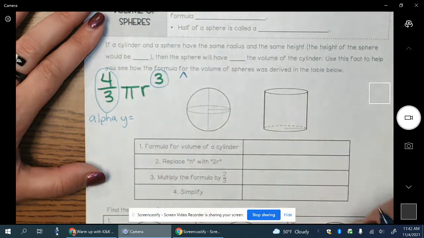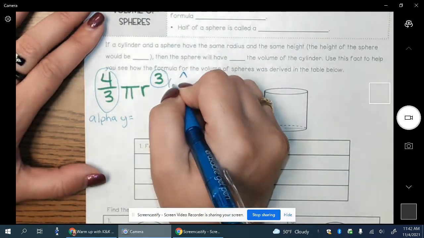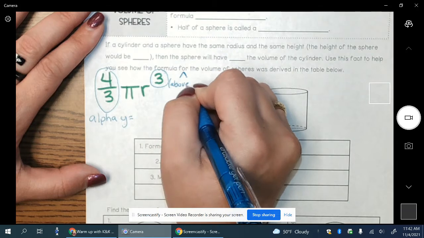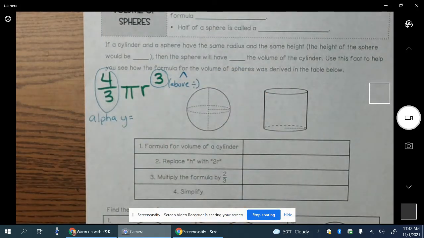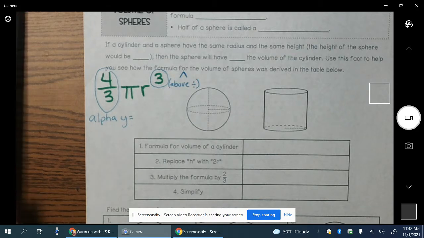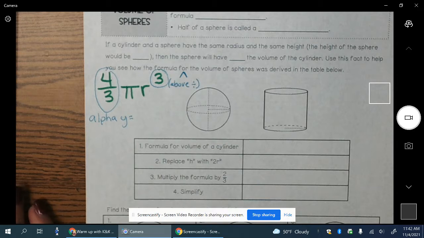So this is called the caret button. It's above the divide sign. So does everybody see that? That's how you raise it to the third power. You can also do the square button and then the arrow over to delete it. Okay.